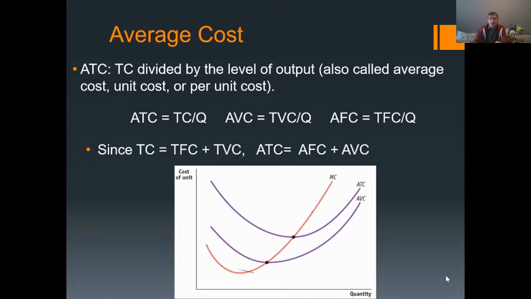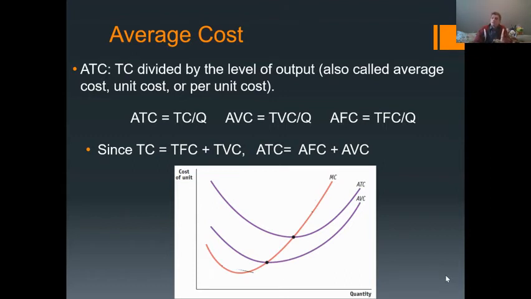Now, when we talk about average cost, these are any of the curves you see with A in the front of the name. So ATC, AVC, in some cases AFC. It just means you take the total and divide it by the quantity. That's it. Anytime you see average, it's total divided by quantity. Now, there's two that we normally graph. It's your ATC and your AVC.